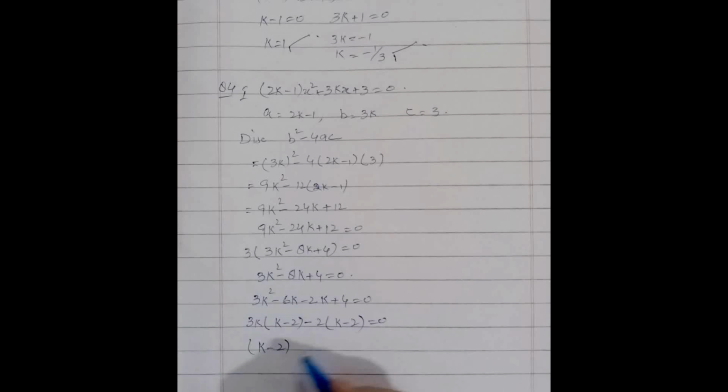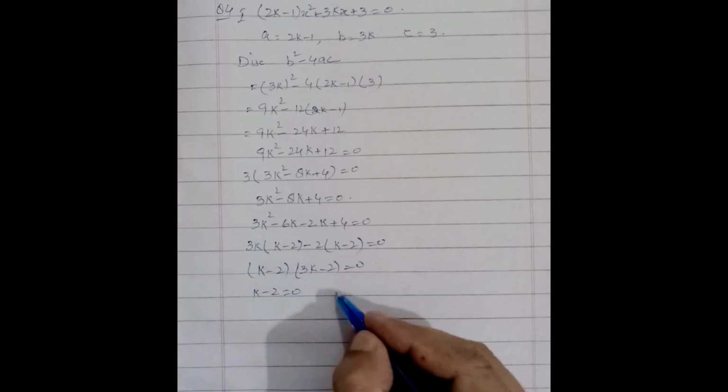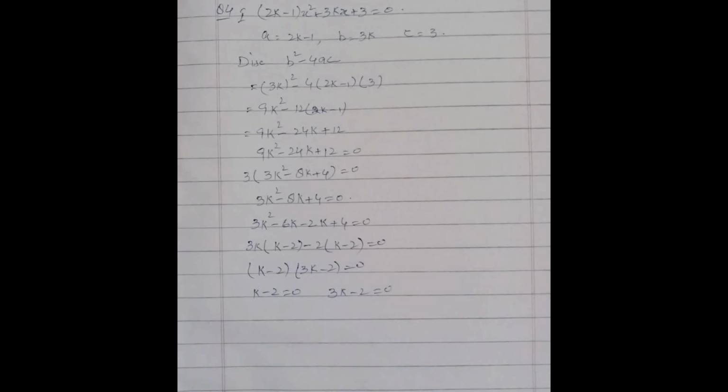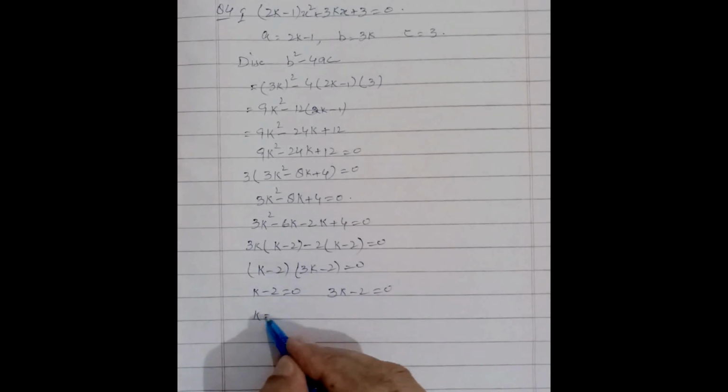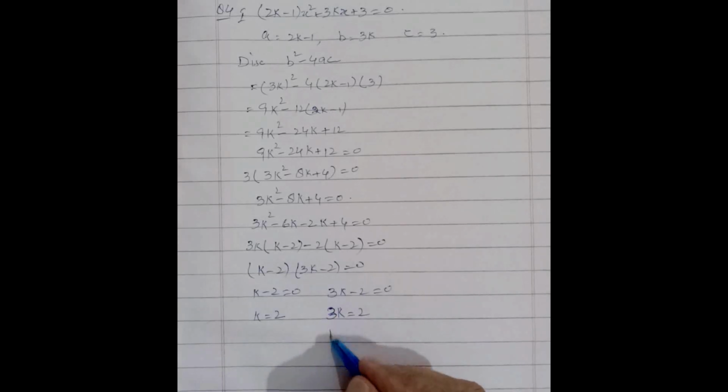So (k minus 2)(3k minus 2) is equal to 0, and k minus 2 is equal to 0 or 3k minus 2 is equal to 0. Here k is equal to 2 and the other value is 3k is equal to 2, and k is equal to 2 over 3.